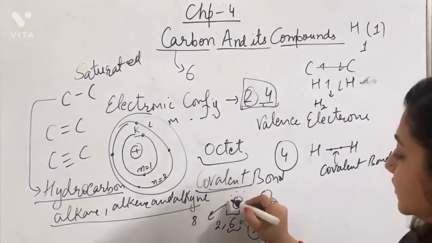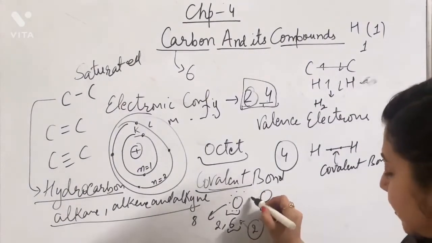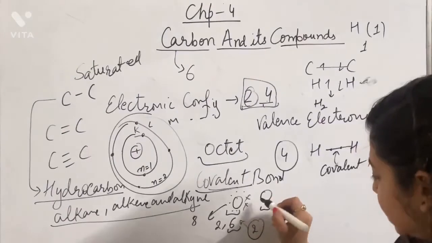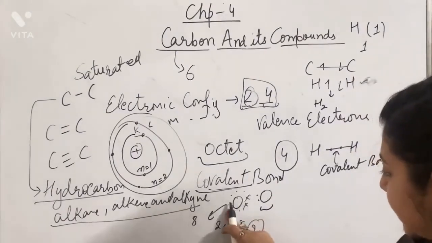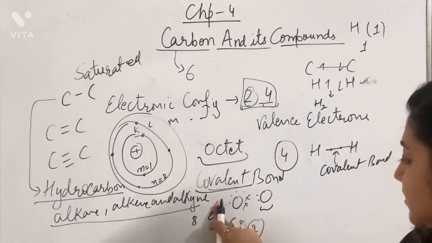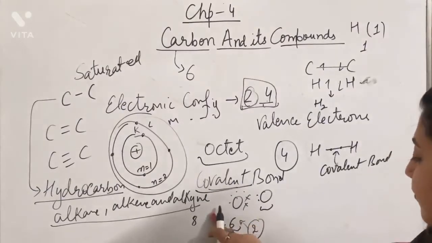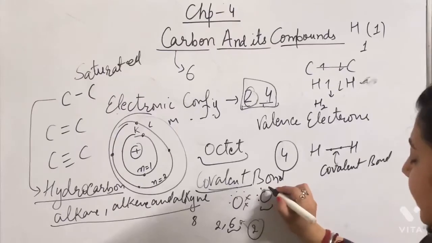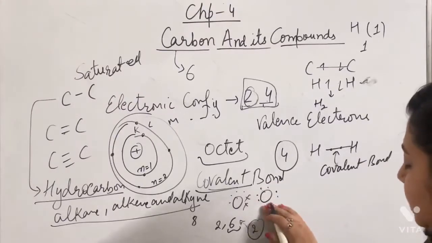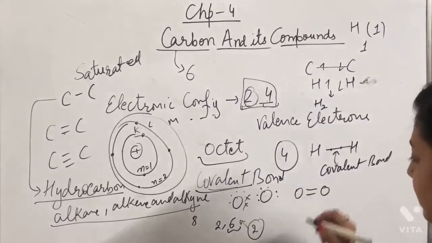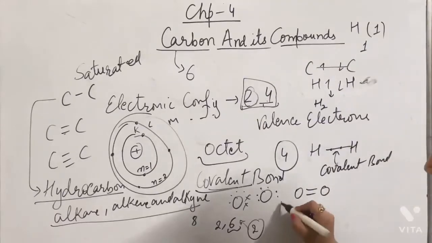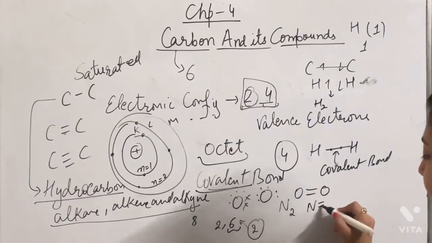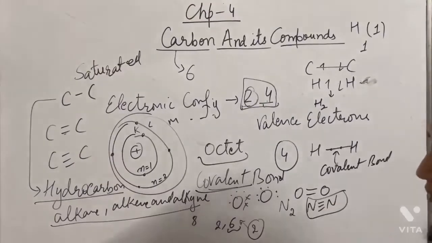Therefore, this oxygen can share 2 electrons with the other oxygen, and that oxygen shares its 2 electrons with the neighboring oxygen. And by the sharing of these 2 electrons, we get a molecule of oxygen with a double bond. Similarly, we can have a molecule of nitrogen where nitrogen has 3 bonds.